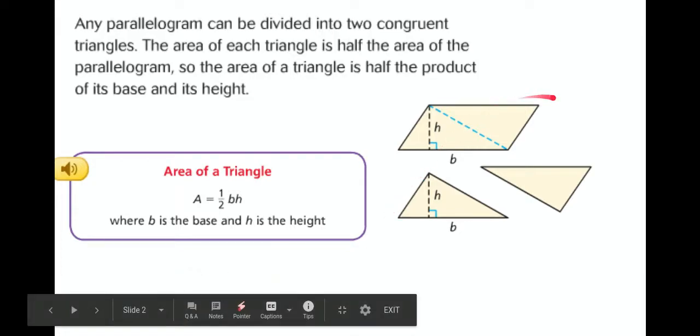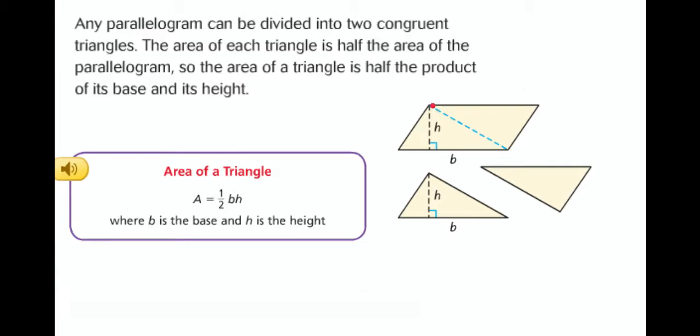So here is a parallelogram that you remember from last time. This blue line represents us cutting the parallelogram in half diagonally from one corner to its opposite corner. And now you see that we have a triangle and another triangle, and the two triangles are congruent to each other.